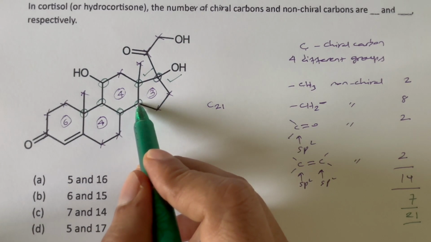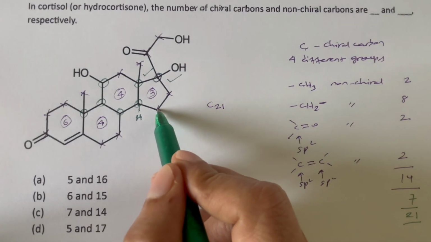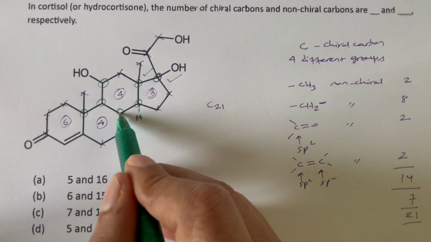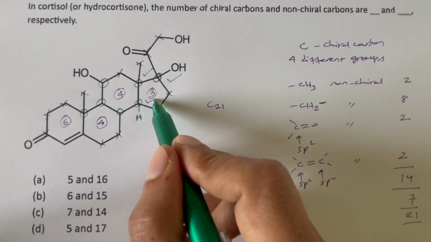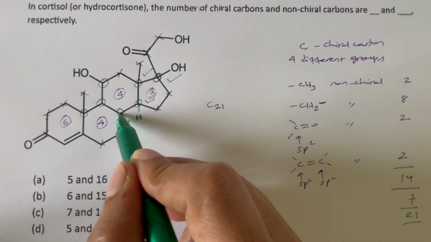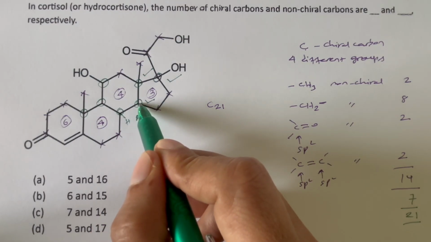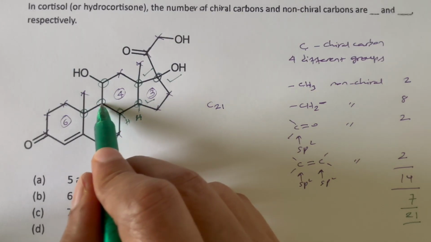And then here we have a hidden hydrogen and then CH2 on this side, CH on this side, and then quaternary carbon. So therefore this is also chiral. Here also we have a hidden hydrogen, CH on this side, CH2, and then CH on this side once again.